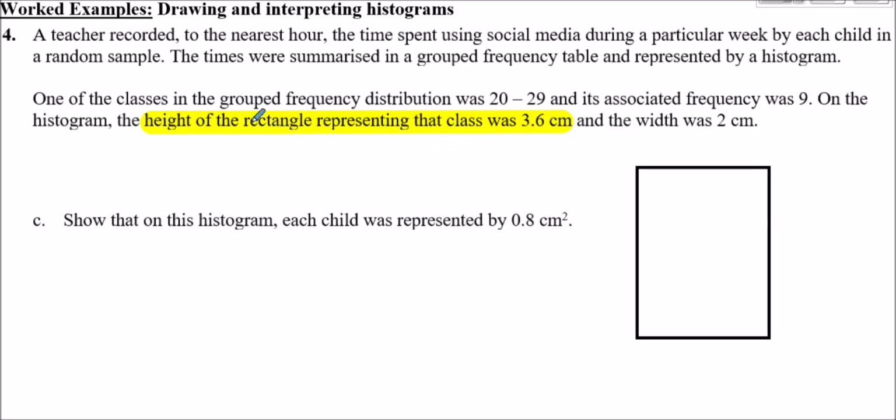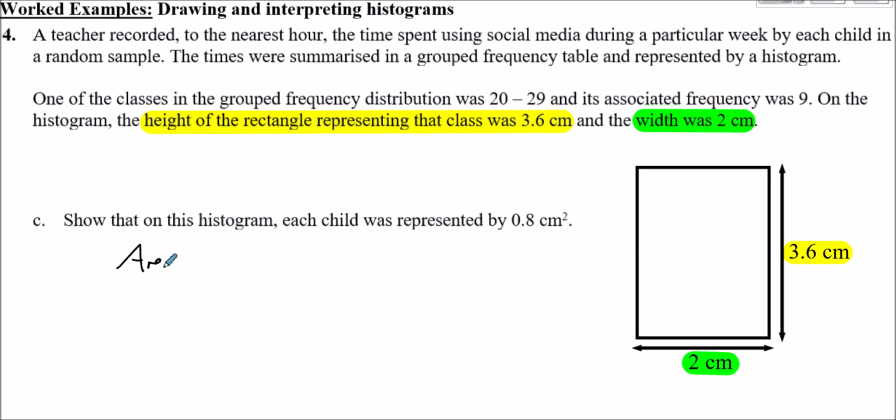The height is 3.6, so we can label this on, and as well as that, the width was 2, so we can label this on like so. So for this bar, the area of the bar is 2 times 3.6, which is 7.2 squared centimetres.